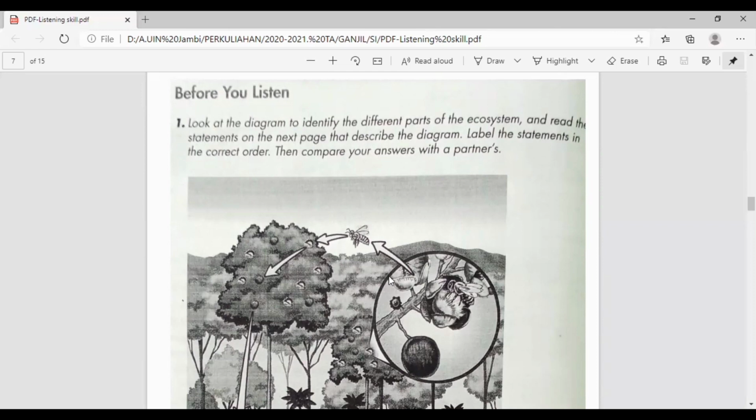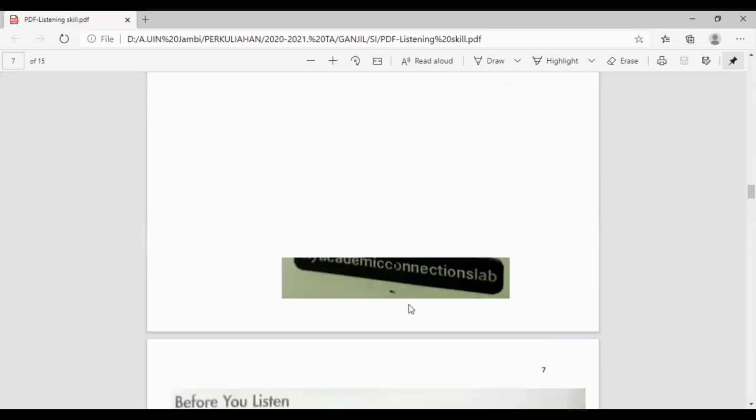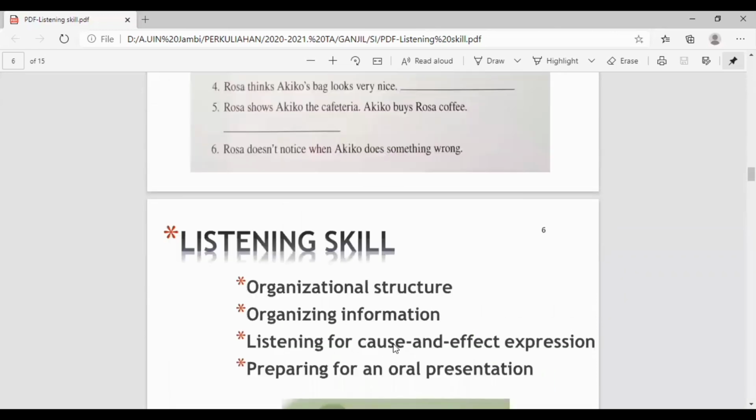In this unit, you will learn about the organizational structure of cause and effect. This structure is used to explain the relationship between a cause, the reason something happens, and the effect, or the result of the cause.